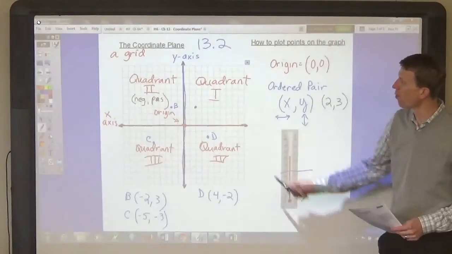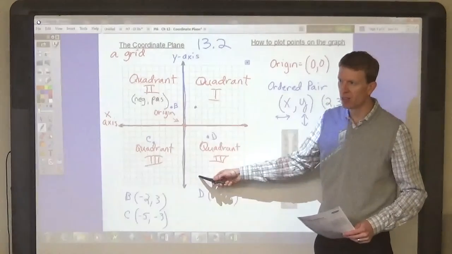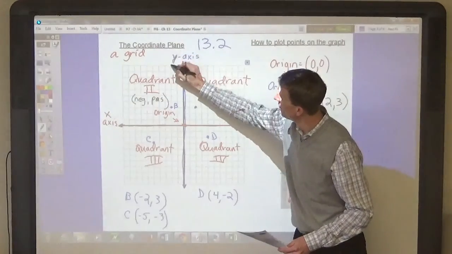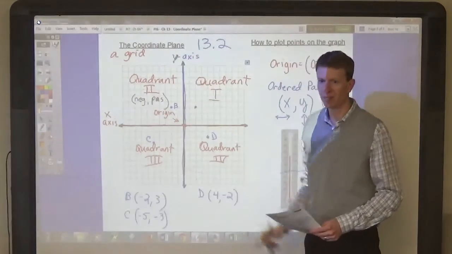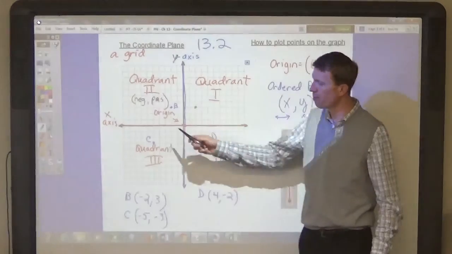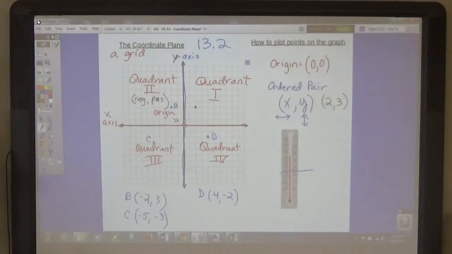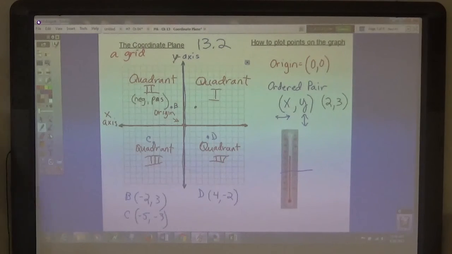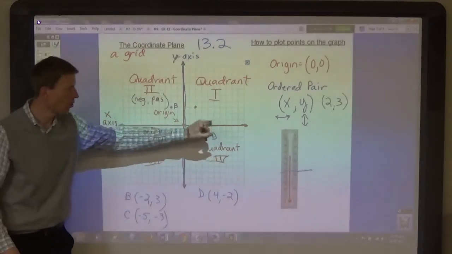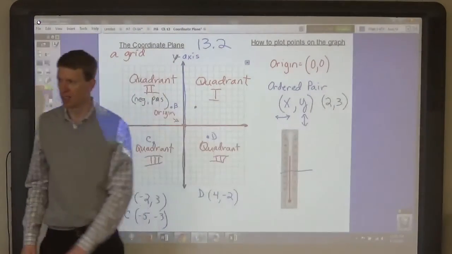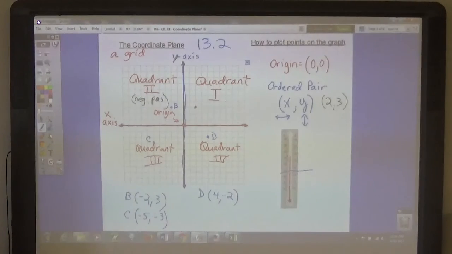Now you can remember that the y-axis goes up and down because the letter y is more up and down. Or you can remember that the x is a cross. Okay, it's like a crossing mark. So you go across according to the x-axis and go up and down according to the y-axis. Okay? Any questions on that?